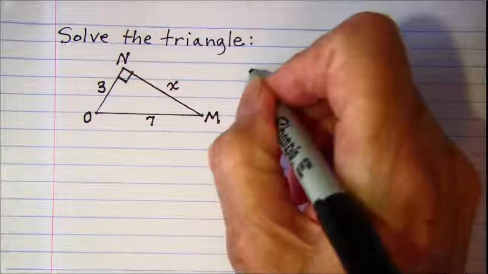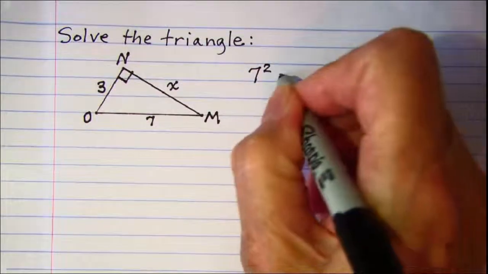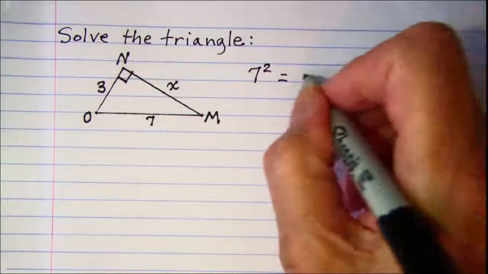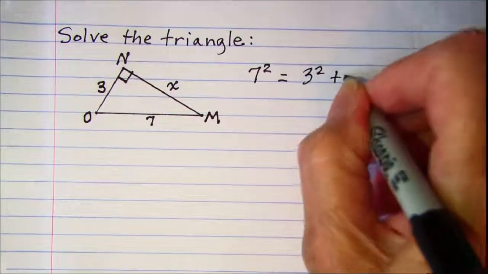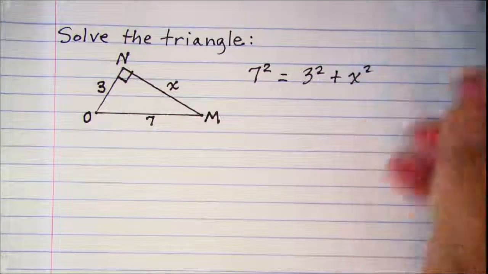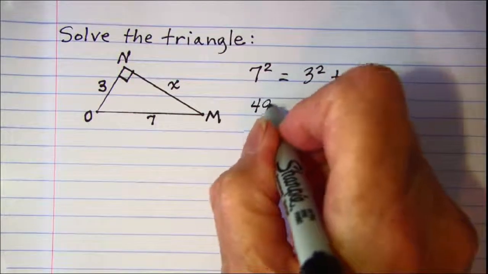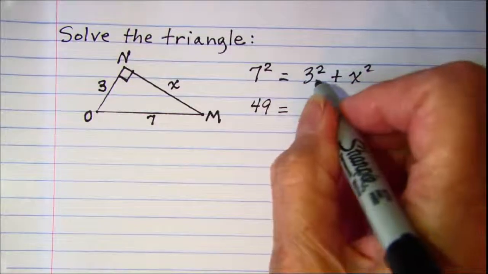So I would write 7 squared is equal to 3 squared plus x squared. And then do the math. 49. 3 squared is 9.